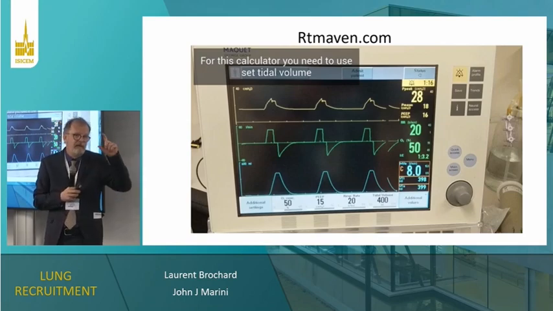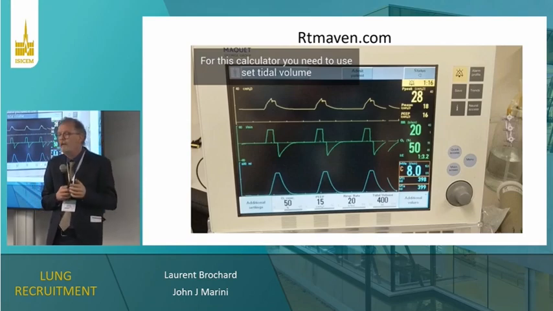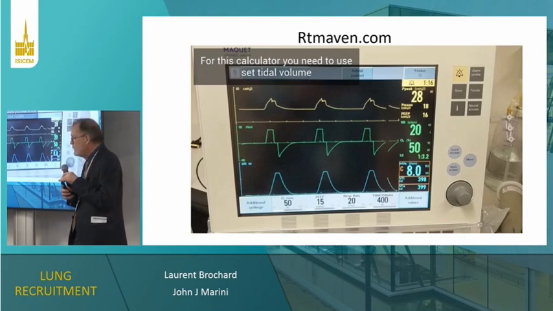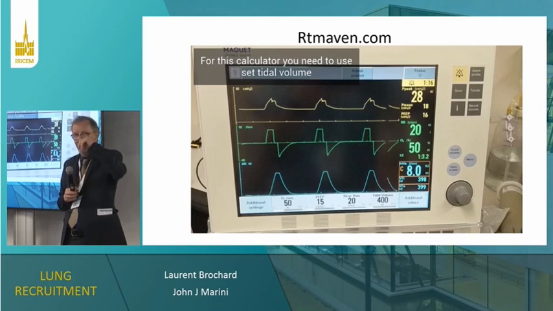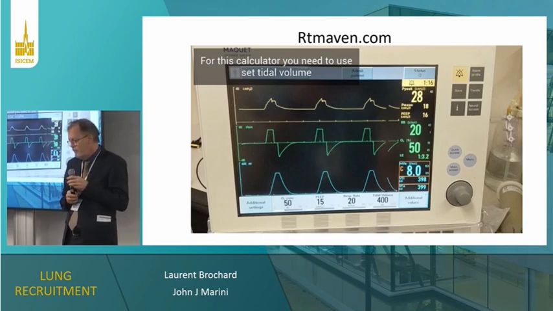We usually take the delta VT, right? So from this, we calculate what we call the ratio of the compliance of the recruitable lung to the compliance of the baby lung. I'm not going to write the equation. It's not complicated, but to facilitate, that's why we have the calculator. So if it's 1, it's not recruitable, and if it's more than 1, then it's recruitable?